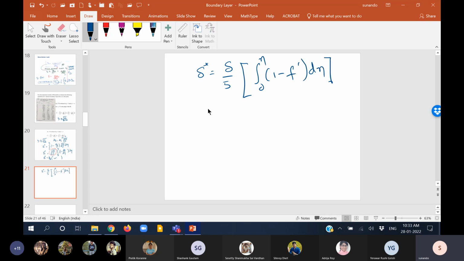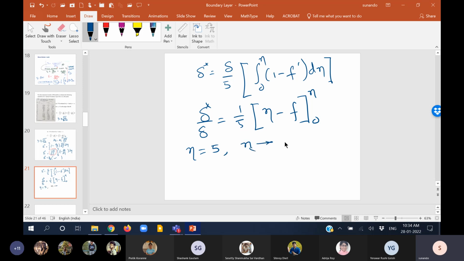If I do this integration, it equals 1 by 5 times eta minus f from 0 to eta. And here I have to use the value of eta equals 5 in one case and eta equals infinity, and find out the ratio delta star by delta.